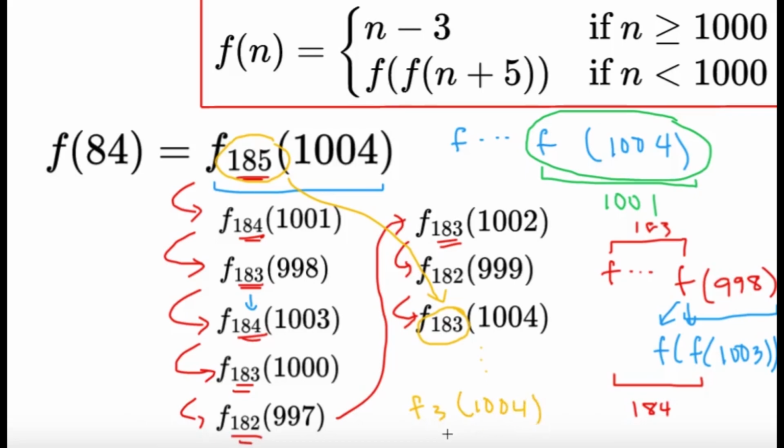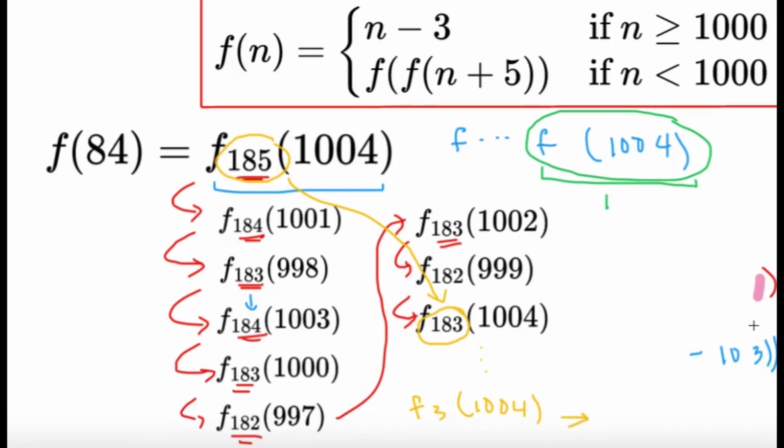You might be thinking, can't I do F sub 1? There's a reason why we cannot immediately conclude that this would be the same as F sub 1 of 1004, so essentially just F of 1004. If this was F sub 1 of 1004, then the previous term would be 1004 minus 5, that's 999.